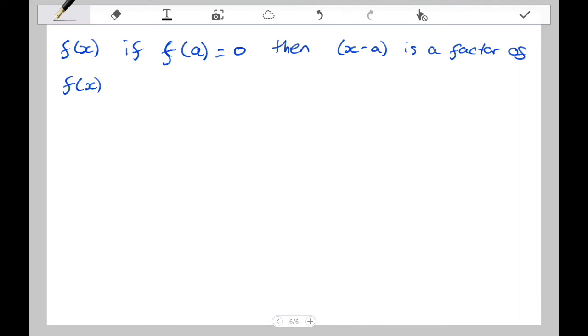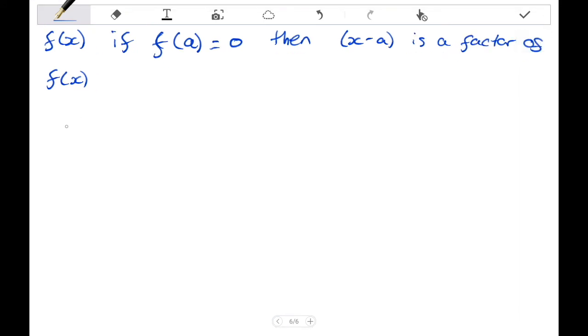Okay, let's look at this. So, let f of x equal 3x cubed plus 7x squared minus 14x minus 24. Let's calculate f of 2.